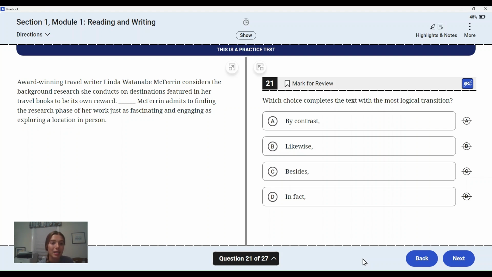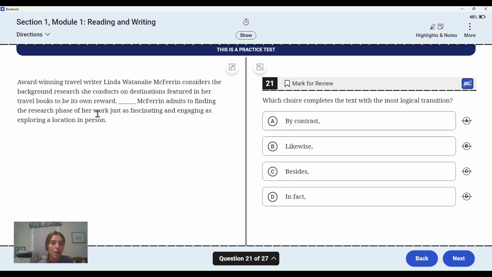So it has something to do with the reward. Both sentences, the one before the transition blank and the one including the transition blank, have something to do with the fascination and the enjoyment that McFerrin has in conducting the research for all of her books.